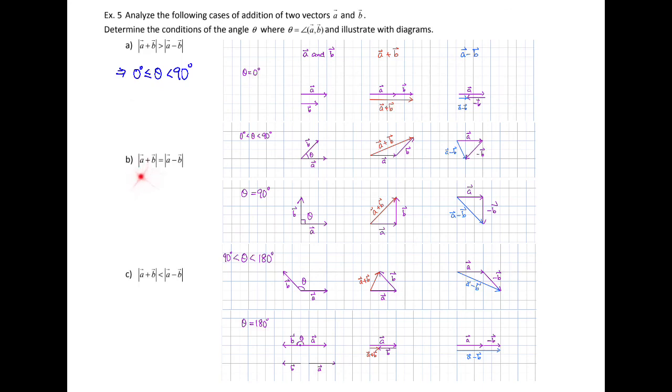Second, the magnitude of the resultant of the vector A plus vector B is equal to the magnitude of the resultant of the vector A minus vector B when the angle is 90 degrees. Third, the magnitude of the resultant of the vector A plus vector B is less than the magnitude of the resultant of the vector A minus vector B when the angle is 180 degrees or an obtuse angle.